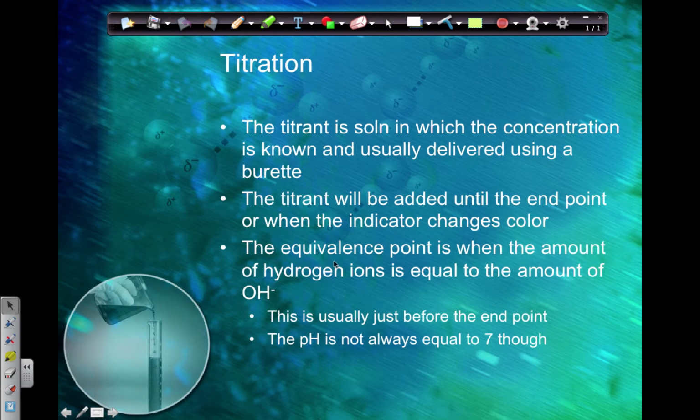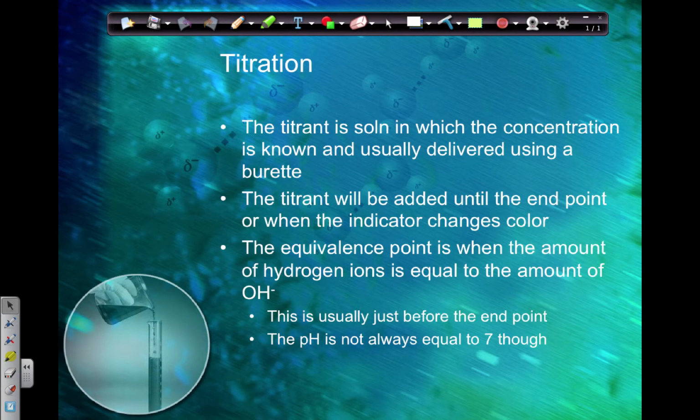The equivalence point will be when the amount of hydrogen ions is equal to the amount of hydroxide. So when we're talking about acid-base reactions, you're going to add hydrogen ions to your hydroxide or vice versa, and you're going to keep doing that until they're equal. That's the equivalence point.